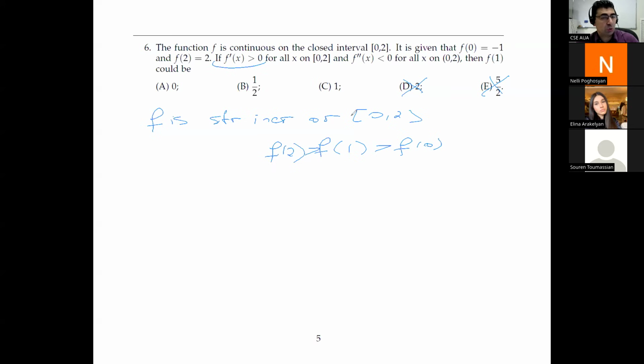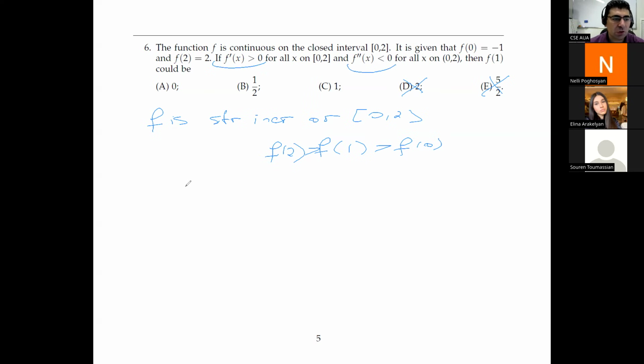What can we do? So far, we just used the fact that function f is increasing, but also the second derivative is strictly negative. What can we get from that? If the second order derivative is negative, that means our function is concave down.